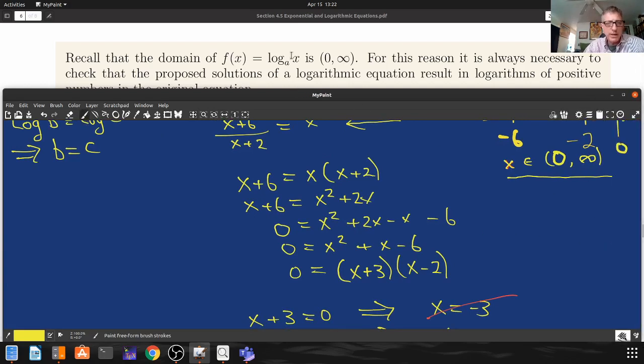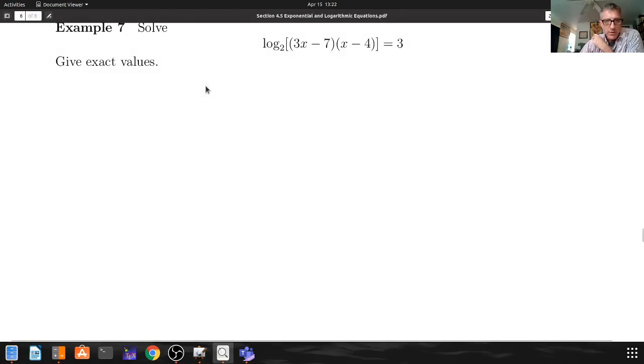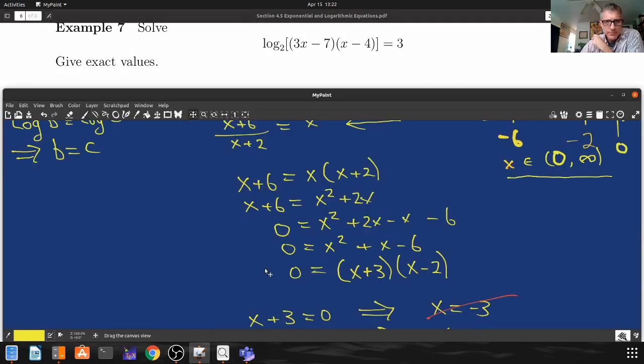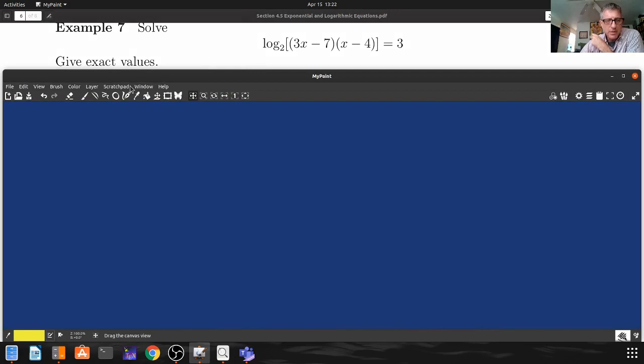So let's look at our next problem. Okay. This one's going to be interesting, so pay attention to this. So this is give exact values. That's fine.